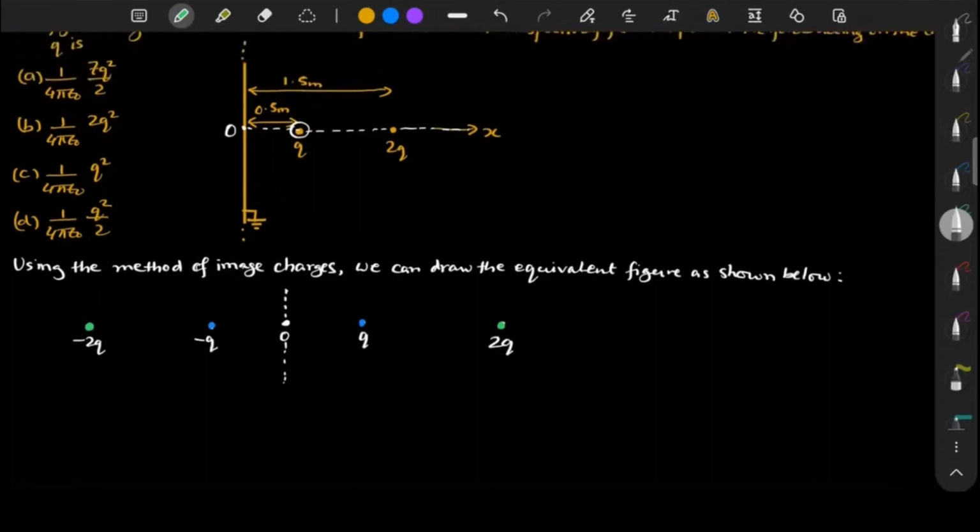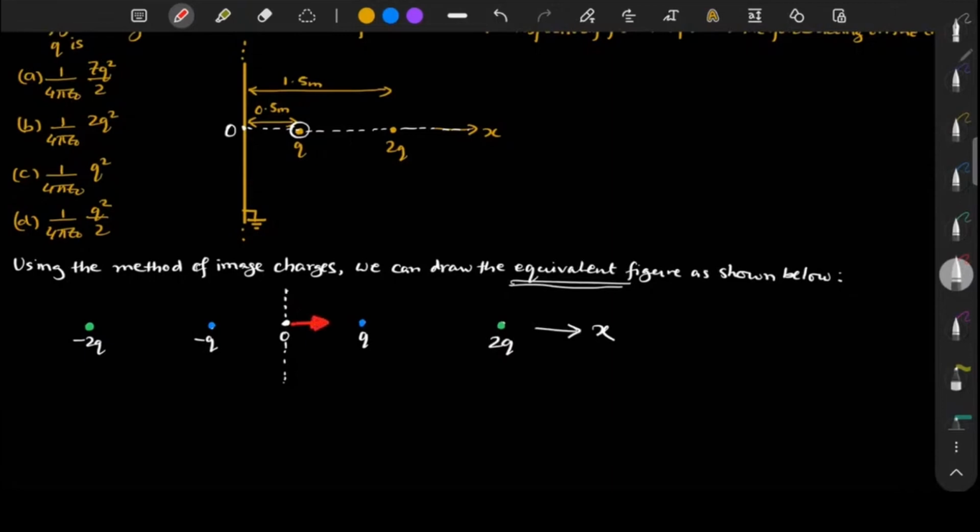So either we can work with this configuration which is given as the infinite conducting plane and the charge configuration given, or we can use this equivalent figure. So this configuration can be written as an equivalent diagram over here only for the case x greater than 0, only in the positive x region.